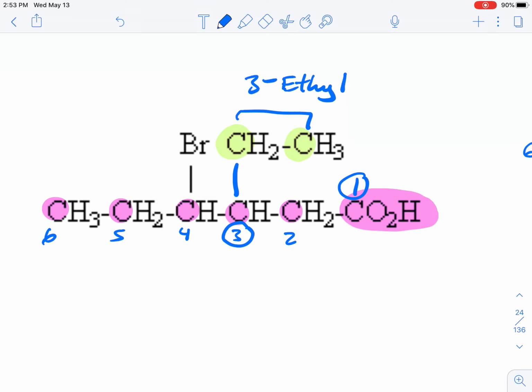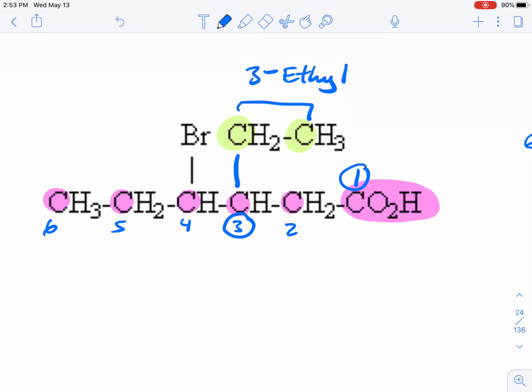And so unlike the other organic compounds that we've discussed, for example, alcohols, alkenes, alkynes, etc., since the carbon on the carboxylic acid is always going to be designated as carbon number 1, there's no reason for us to go left to right or right to left when we number the carbons on the longest carbon chain or the parent chain just in general.